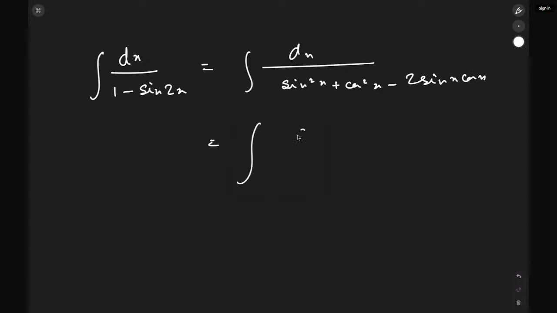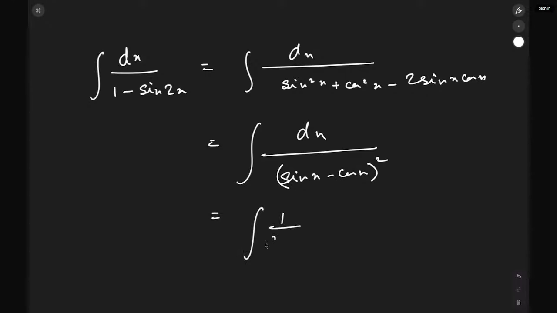Now I can write this whole term as sine x minus cos x the whole square. Now, if I take cos square x common from this whole thing, then I'll be left with 1 upon cos square x dx upon tan x minus 1 the whole square.